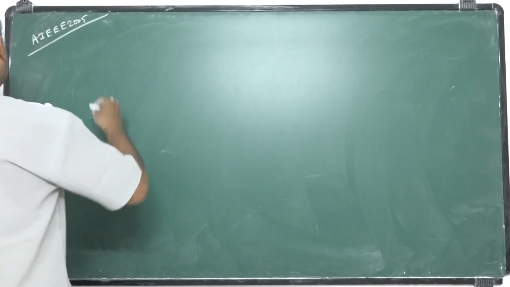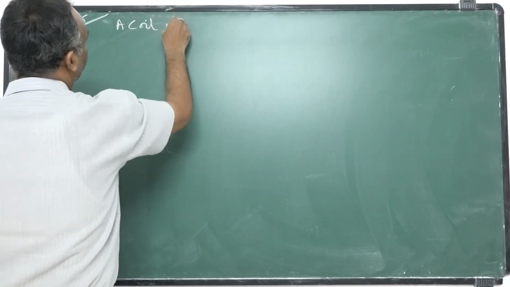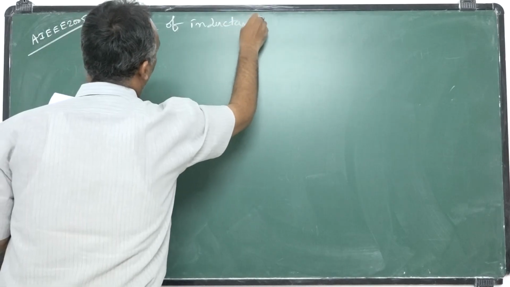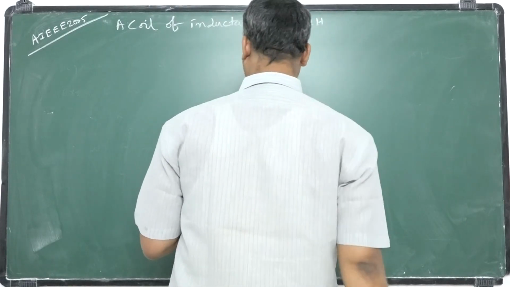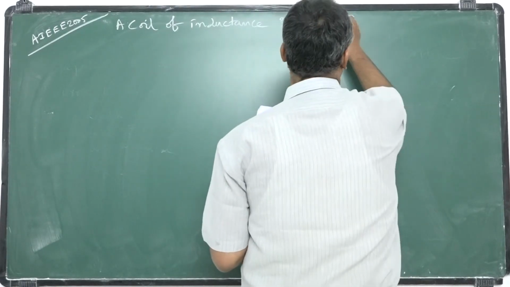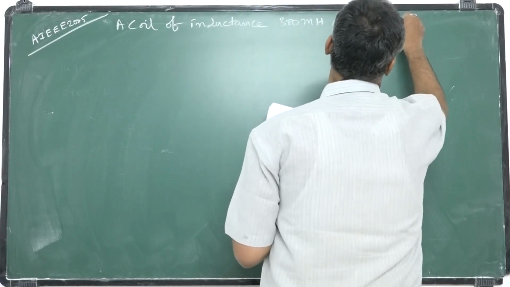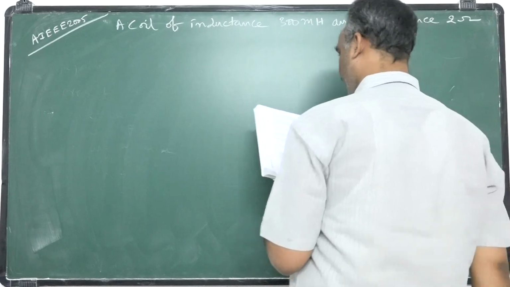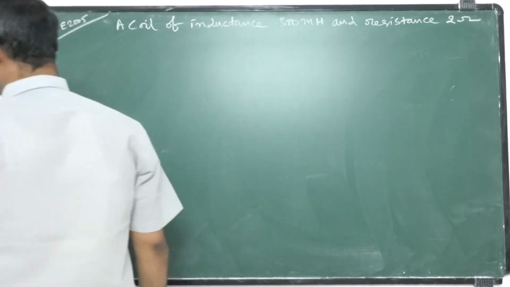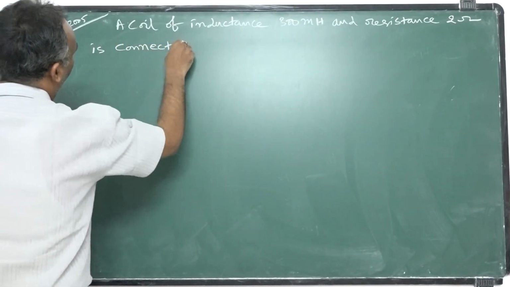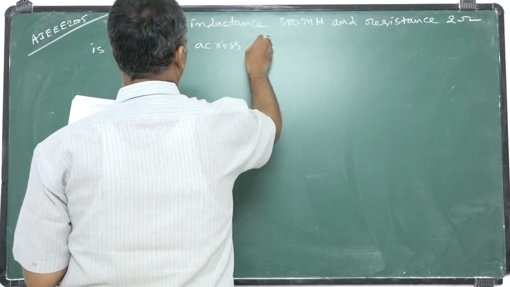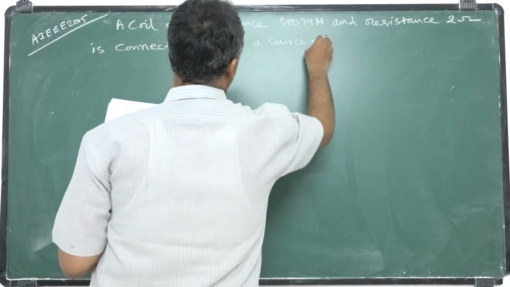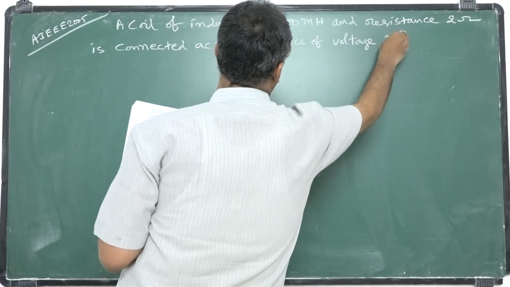A coil of inductance 300 millihenry and resistance 2 ohms is connected across a source of voltage volts.